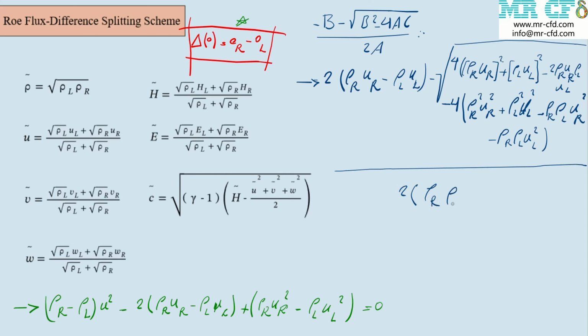Further simplification and cancellation yield a form where the square root and factors simplify terms such as uR minus uL squared. In both the numerator and denominator, simplification using algebraic identities leads us to the final expression for u tilde.